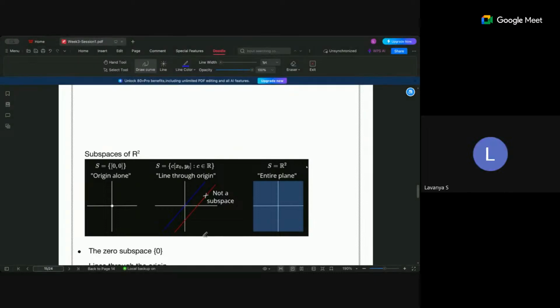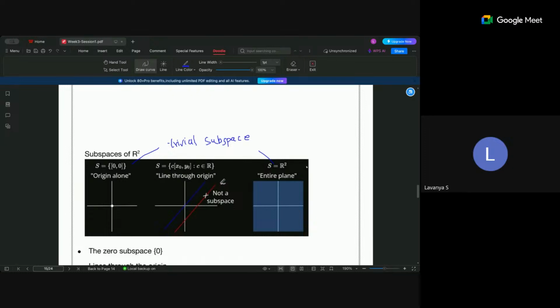So here, what are the subspaces of R2 in general? We saw that these are the trivial subspaces. The trivial subspace is there for any vector space. So this is the trivial subspace of R2. Now what are the other subspaces of R2? Any line that passes through origin will form a subspace of R2.